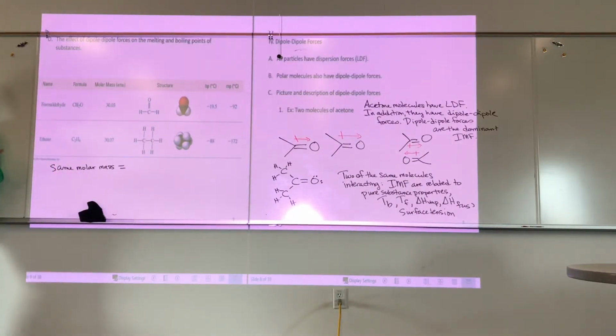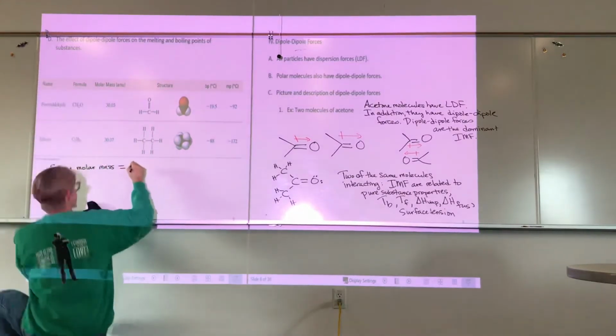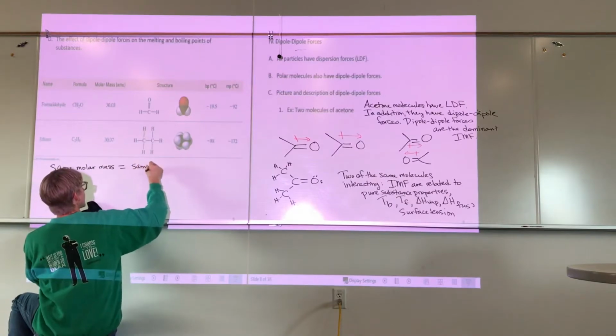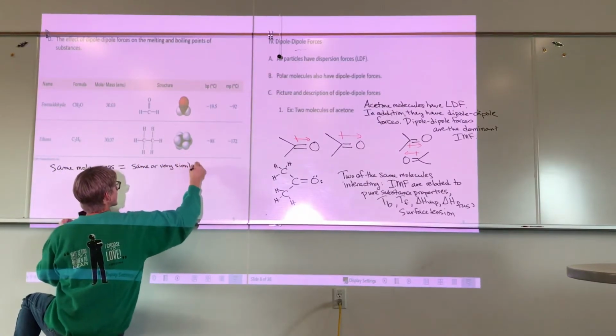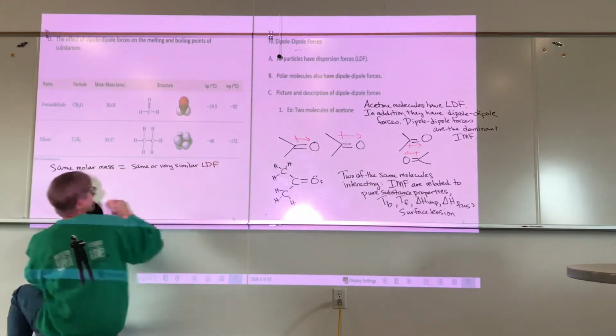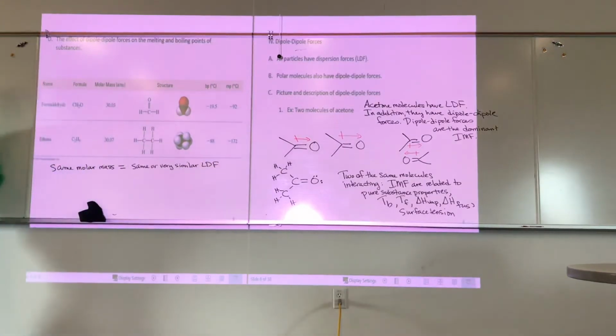Which means they have the same or very similar LDF, because everybody has LDF. They're very democratic.